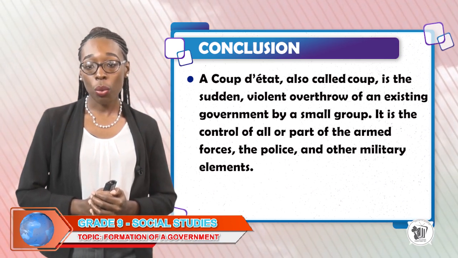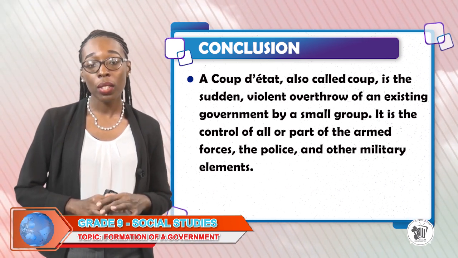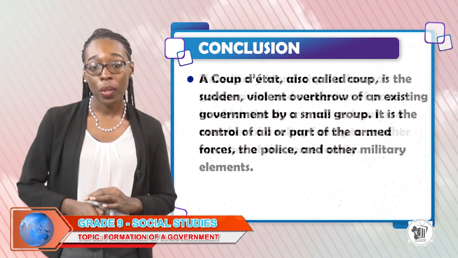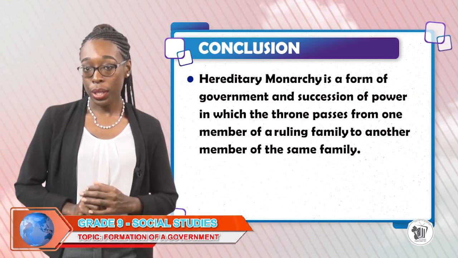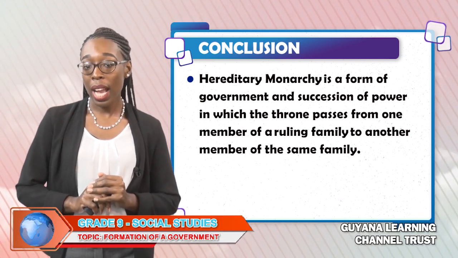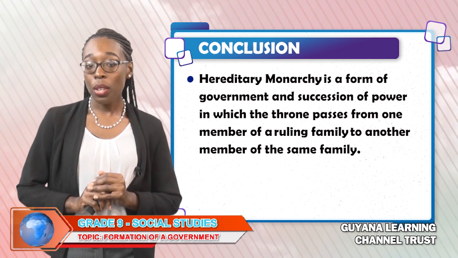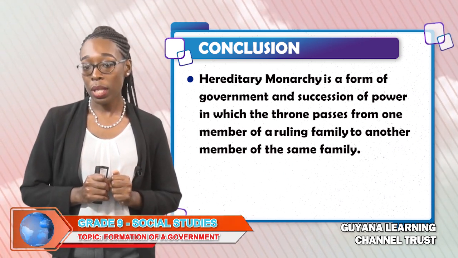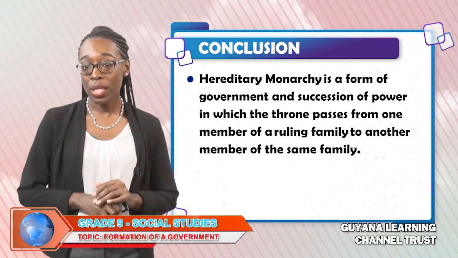It is the control of all or part of the armed forces, the police, and other military elements. And we also learned that hereditary monarchy is a form of government and succession of power in which the throne passes from one member of a ruling family to another member of the same family.